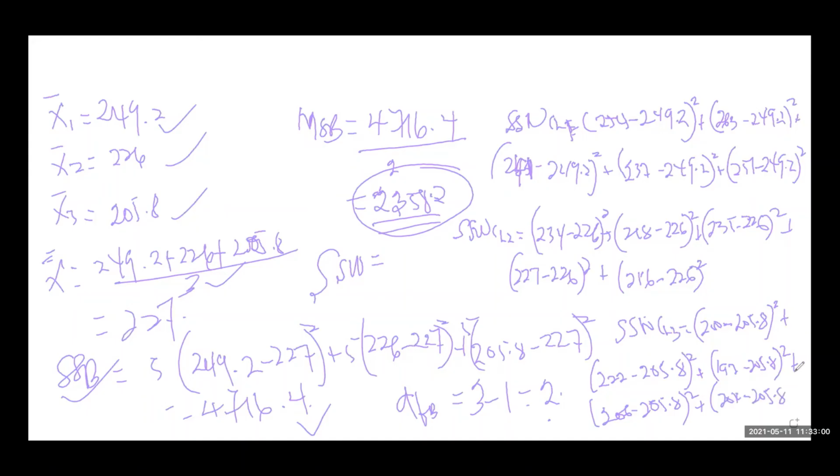So this is just to say that I'm breaking them down. I need a sum of squares within groups for club 1, club 2, club 3 respectively.